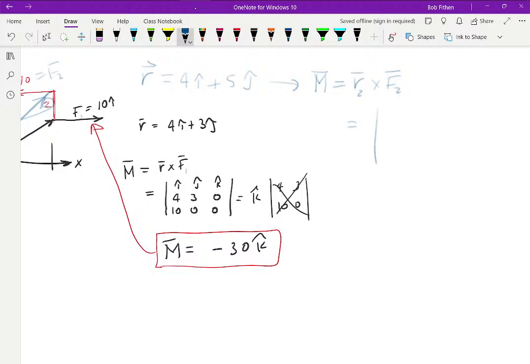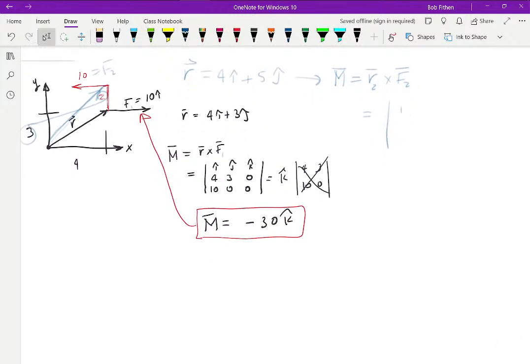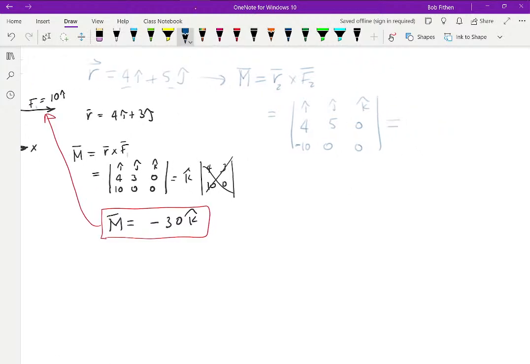And what you end up with is a new matrix, which in here, I'll go ahead and do this, it's a minus 10, 0, 0. And instead of a 4, well, I'm sorry, it is still a 4, but it is now a 5. Now, if you carry this out, you would get only a k component, 4, 5, minus 10, and 0.